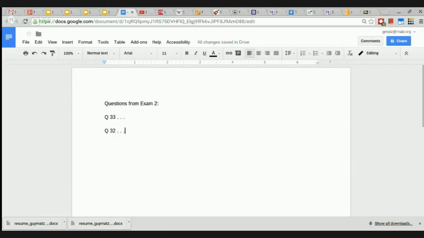The rest is going to be 920 non-recombinant types, and that's 920 divided by 2 for each type. So you're going to have 460 for hairy wings and 460 for purple eyes. Okay?